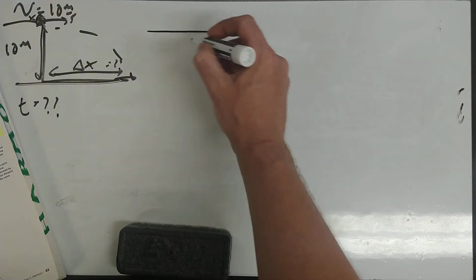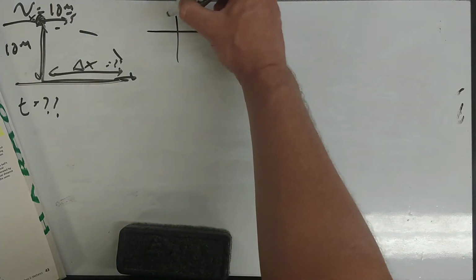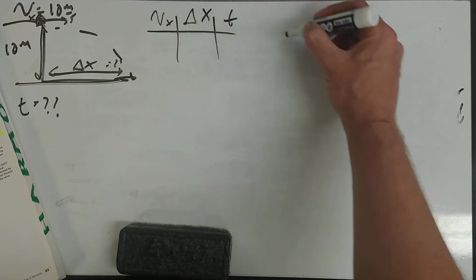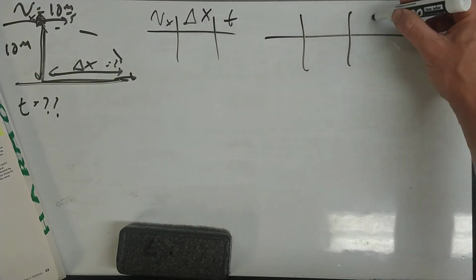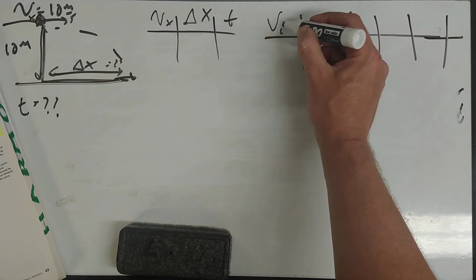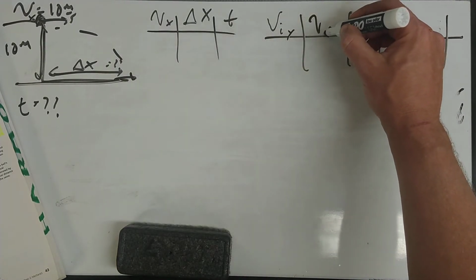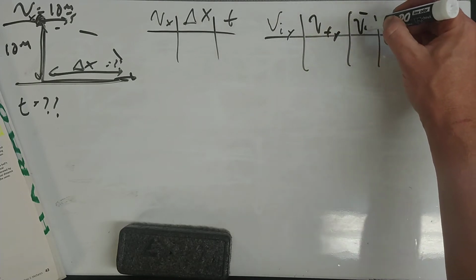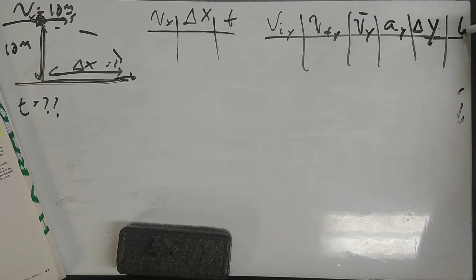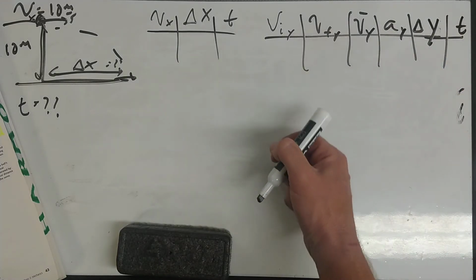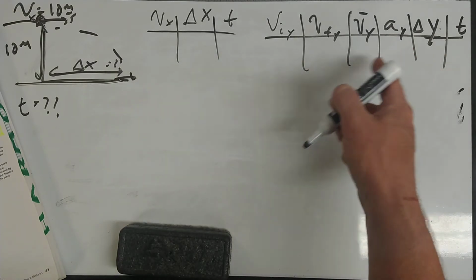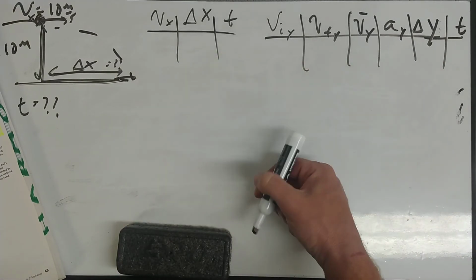So typically what we do here is we make two organizational tables. Vx, delta x, and t. We don't need ax because there is no ax. And then v initial y, v final y, v average y, acceleration y, change in y, and time. We need all of them over here because it's accelerating.